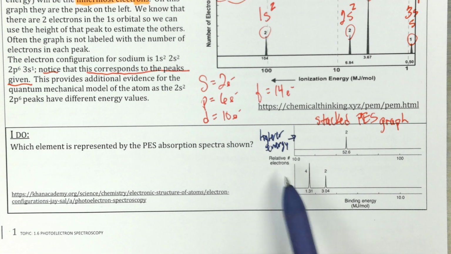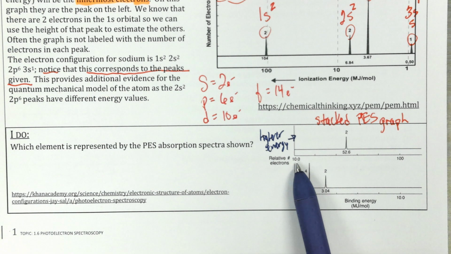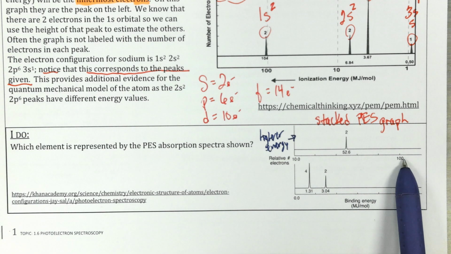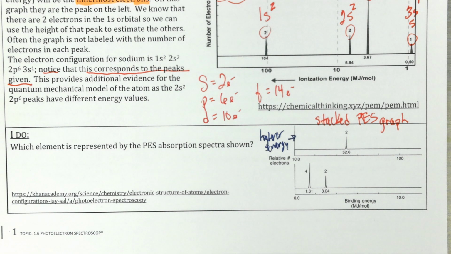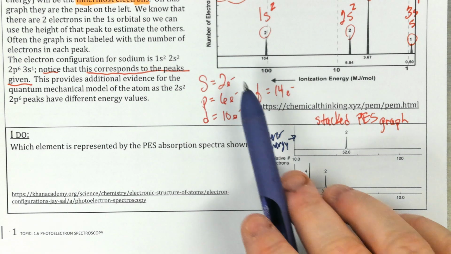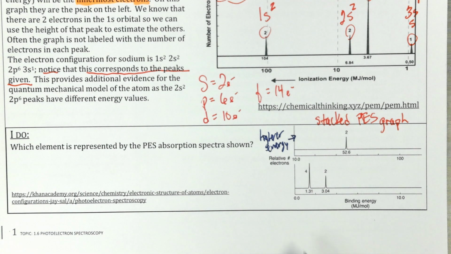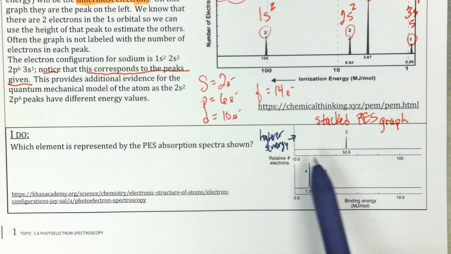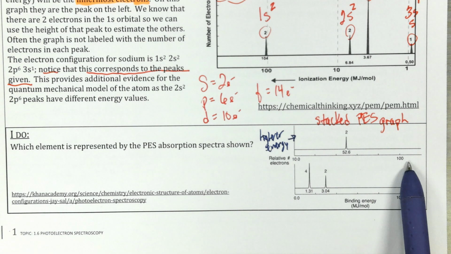So if you look, on the side is the relative amount of electrons, but if you look down here, we got 10, then it goes to 100, 0, 10, okay? Now this one is reverse of this. We're starting at 0 energy, going to 10, 10 energy, going to 100.